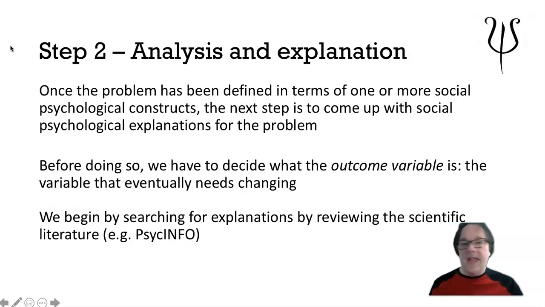They go hand in hand. Before we could have a full explanation, though, we really do need to know what ultimately our goal is, right? What is it that we want to change? What is it that we're going to do? But this tends to go back and forth. Your outcome variable might get more and more refined the more analysis that you're doing, right?